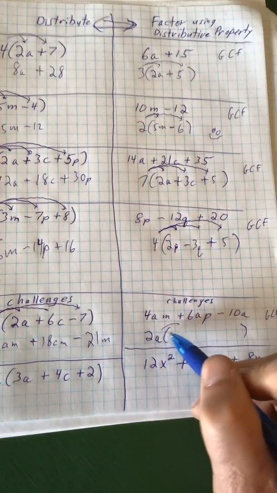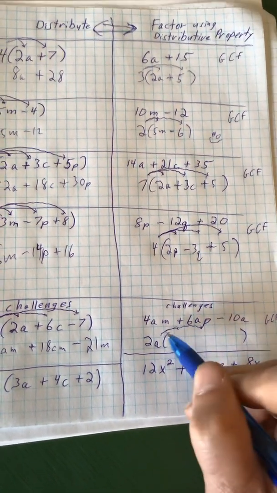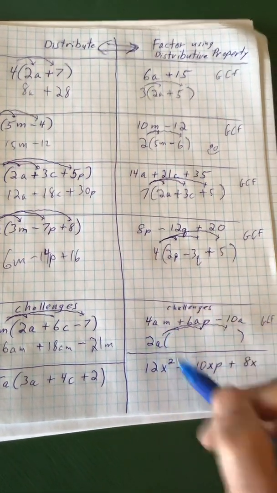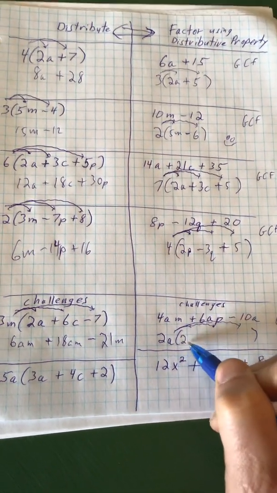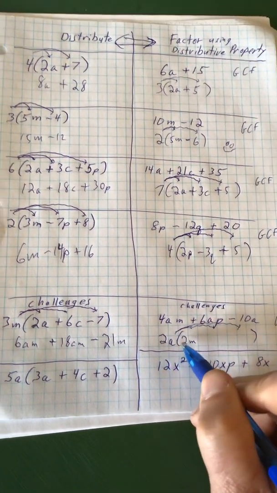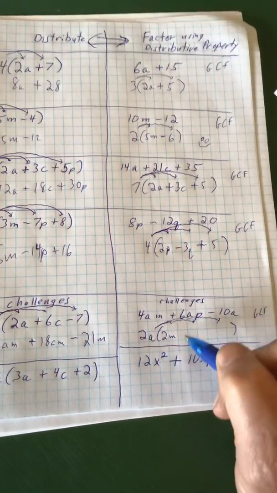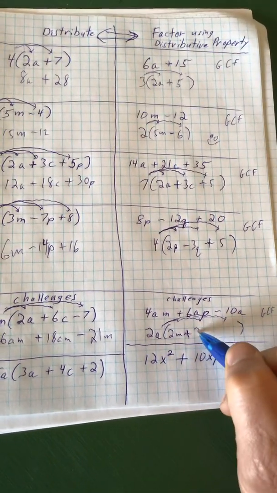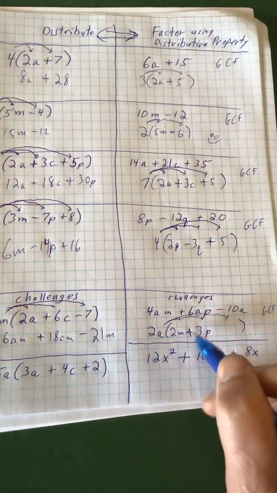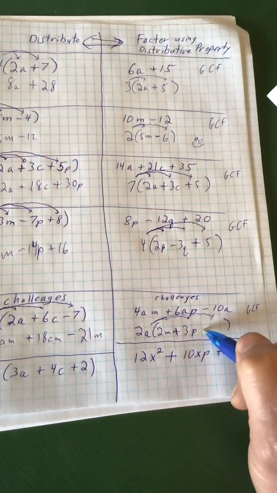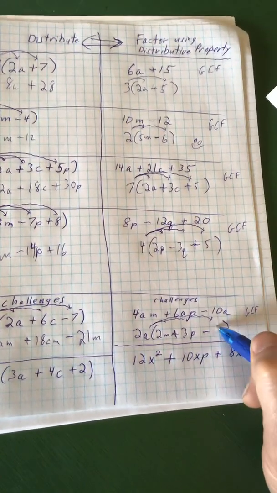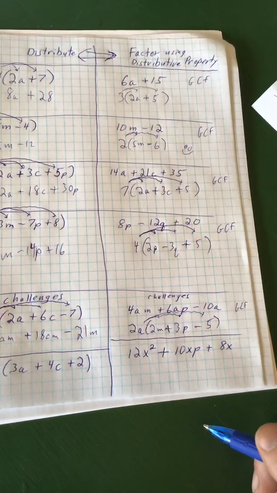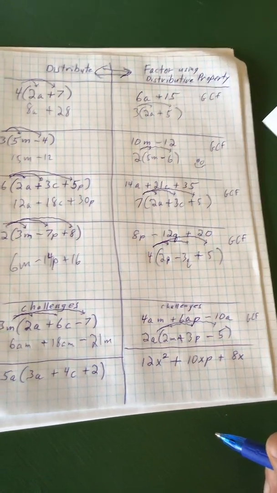So now I just do my arrows. So anyways, 2a times what is 4am? That's going to be 2m. I could double check. I get 4am plus 2a times 3p gets 6ap, and then minus 2a times minus 5 would be minus 10a. Right? Hope you're doing great there.